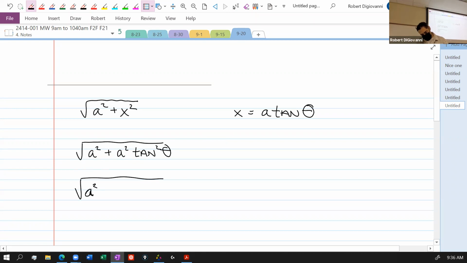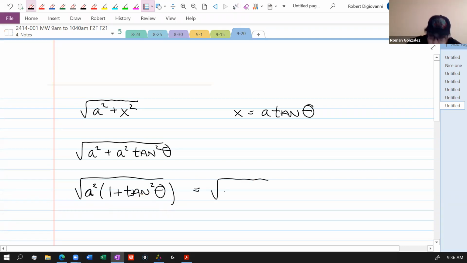We're left with 1 plus tangent squared theta. And what is that from pre-cal? What is 1 plus tangent squared theta? Secant squared theta. So this becomes square root of a squared secant squared theta. And that becomes a secant theta.